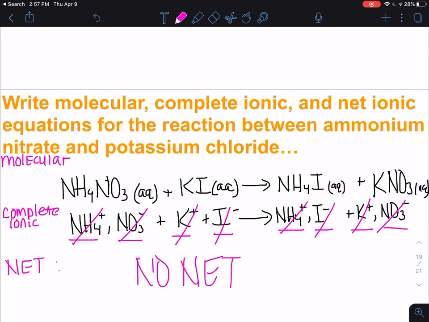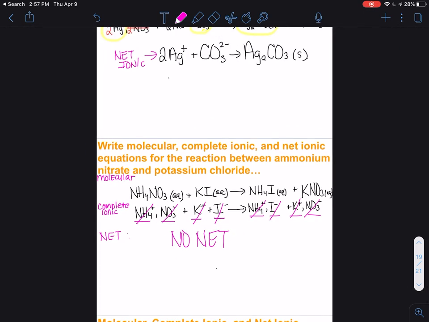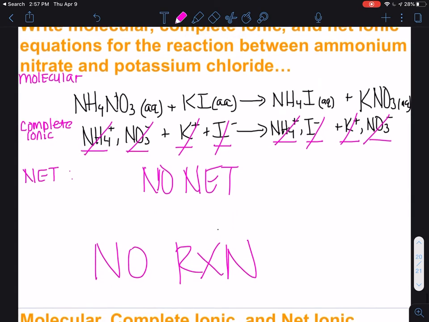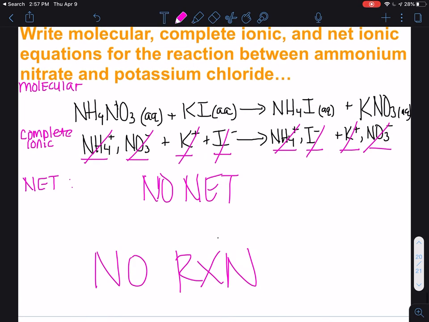So there's no net reaction. There is actually no reaction to begin with, because in order to have a reaction, the products need to look different than the reactants. And you might say, oh, but it is different. Look, here NH4 is with iodine, and over here NH4 is with nitrate.